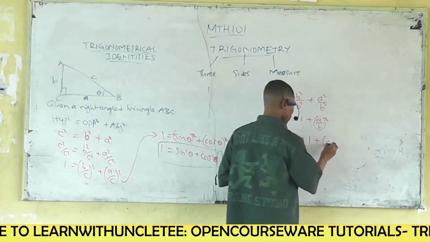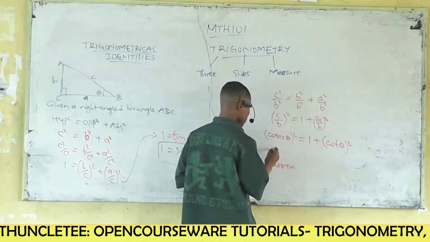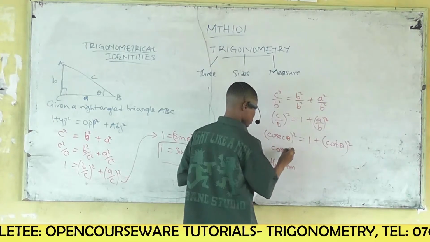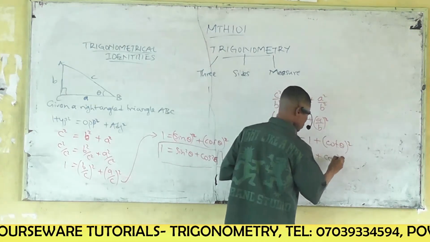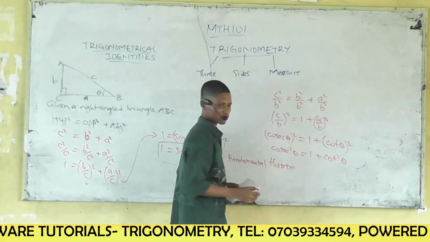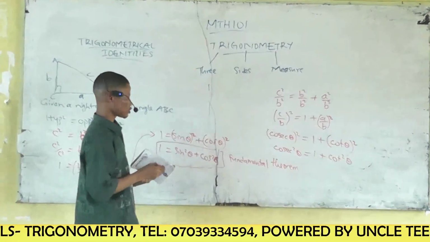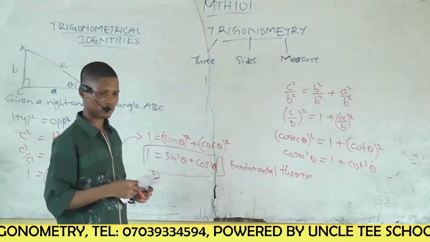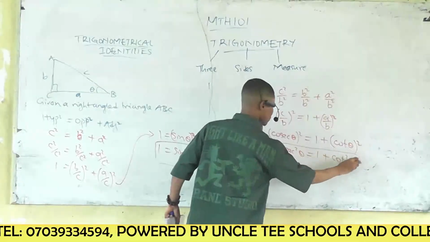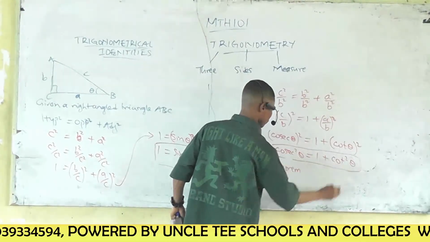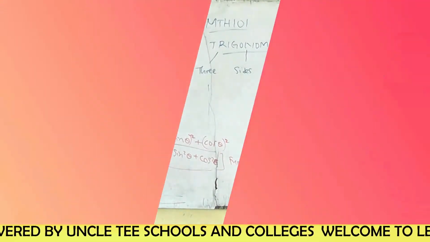So this gives cot theta all square. So this gives cosec square theta equal to 1 plus cot square theta. So that's another proof from fundamental theorem. So you copy that down too.